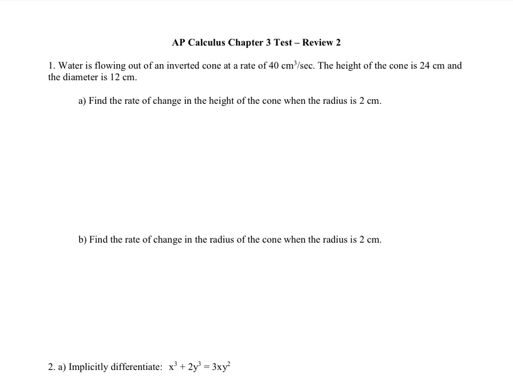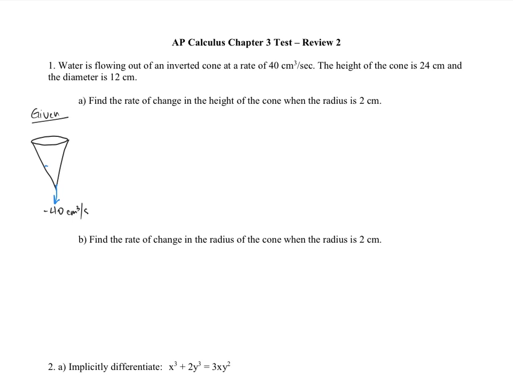So let's go ahead and draw our givens and list them all. We are given that we have an inverted cone. So we've got this shape here, and water is flowing out of this at negative 40, and I'm using negative because it's flowing out, cubic centimeters per second.